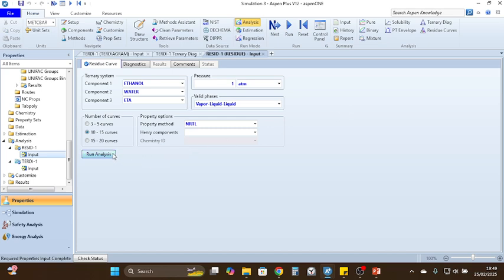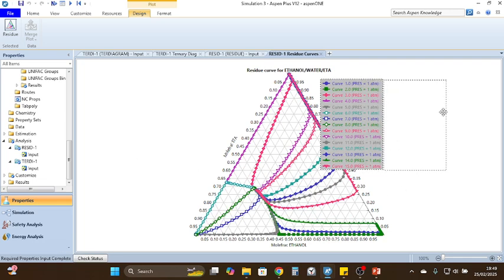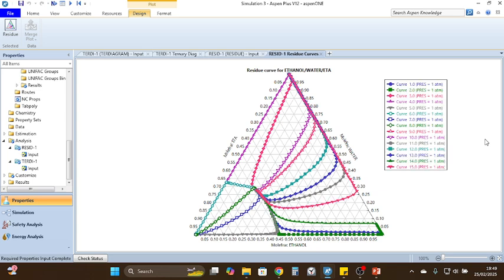And we are going to run the analysis. So this is the residue curve map for the given system. I hope you all know what residue curves are. If you start from this particular concentration, then this is the trajectory that you have to follow for separation.